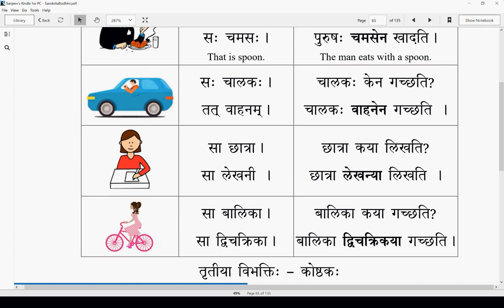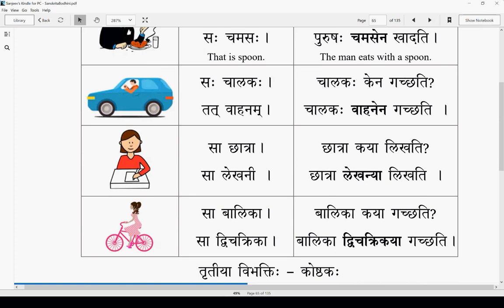I have to read, Mahodaya. Yeah, you can if you want to. Sah chalakah tat vahanam. Chalakah kena gacchati. Chalakah vahanena gacchati. Here, how did he go? He went with the help of a vahana. Vahana is the instrument.